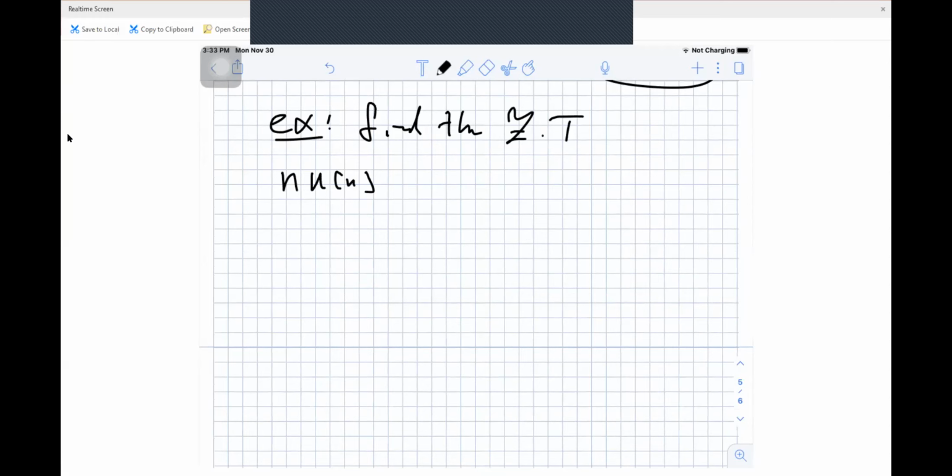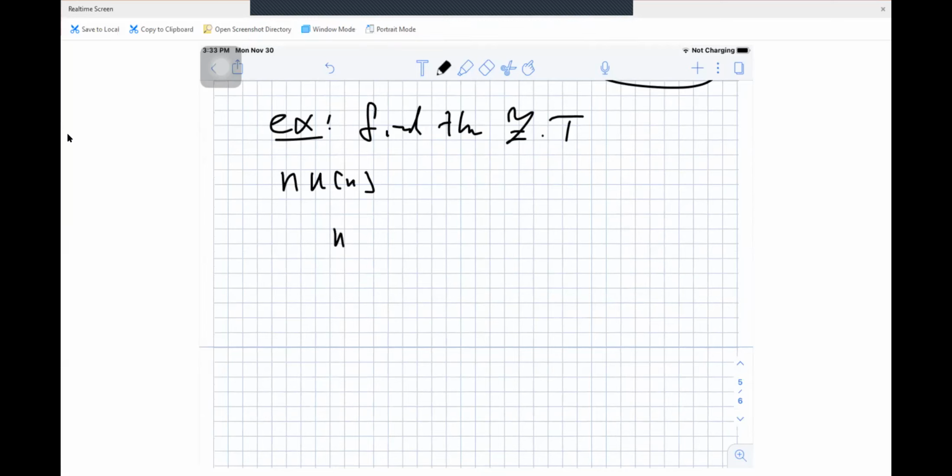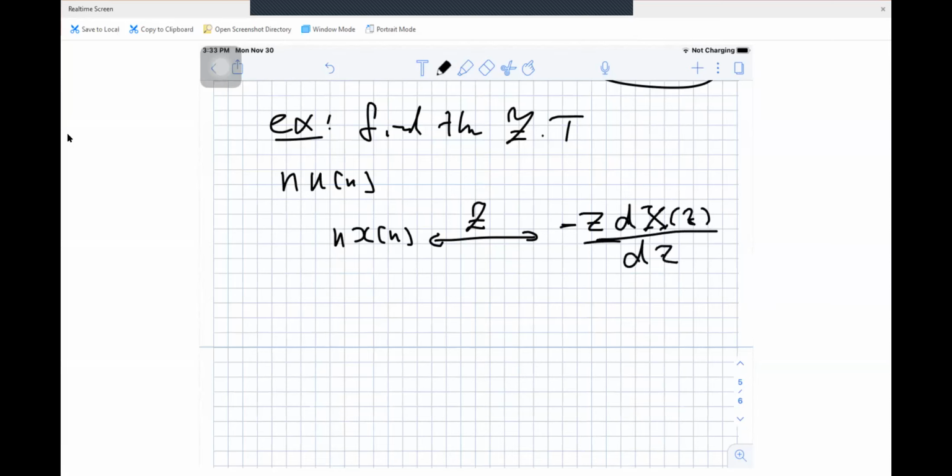So look please, this is the important property: n multiplied by x of n, the z transformation will be minus z dX of z by dz.